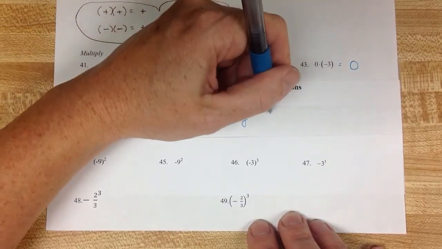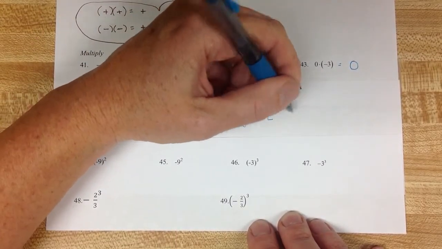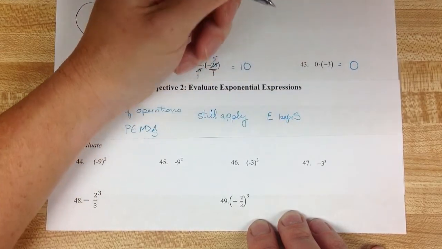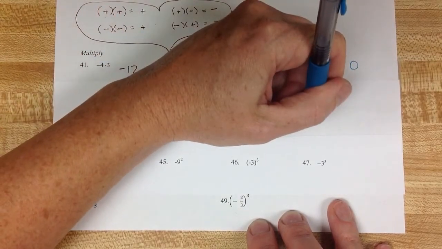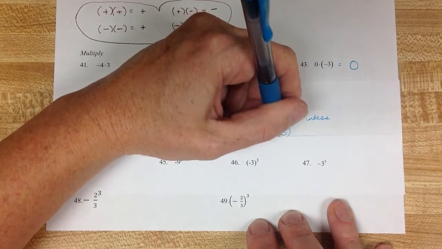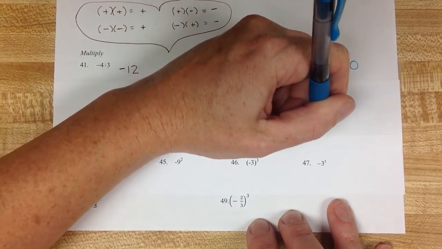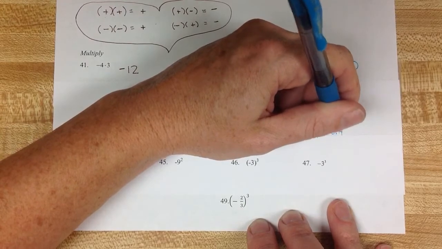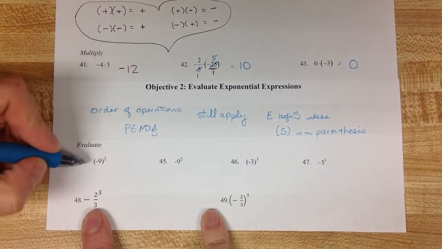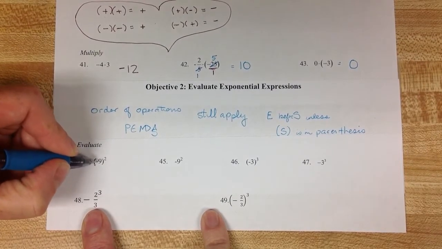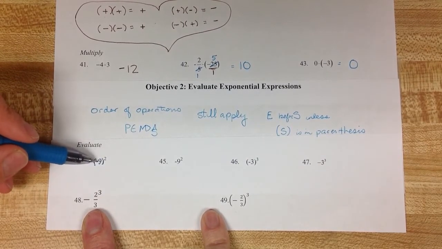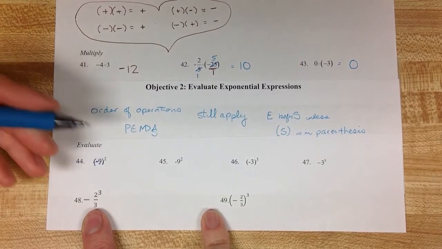So we need to take care of the exponent before subtraction, unless the subtraction is in parentheses, or that negative sign. So when we look at this problem right here, the negative is grouped with the 9. So that means that the 9, the negative, is also getting squared.